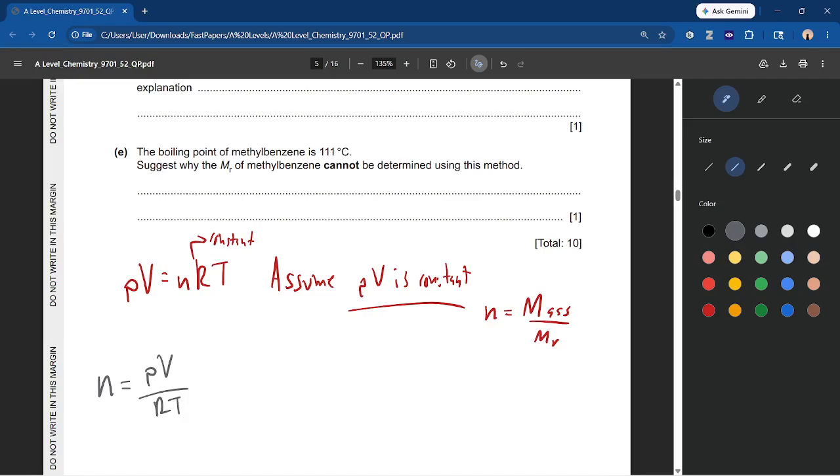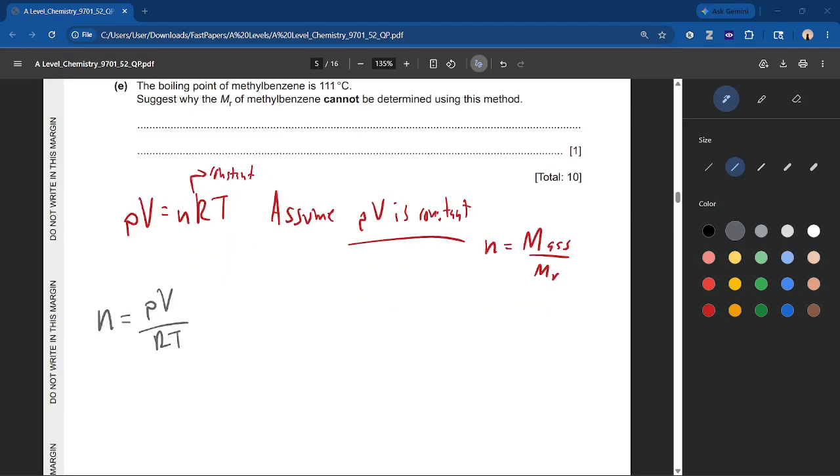Wait, sorry. Yeah, wait, PV is equal to nRT, so PV is equal to that. So as your temperature is decreasing, give me 1 second.